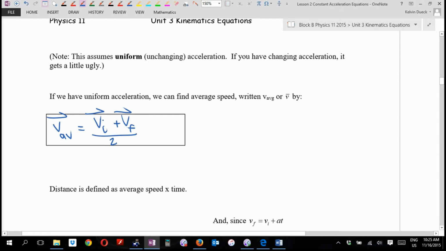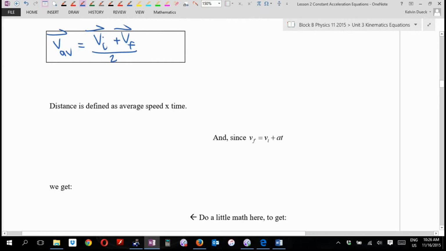That's Nevada's law: add them up and divide by 2. And we define distance as average speed times time. So we said this: distance equals vi plus vf over 2 times time.